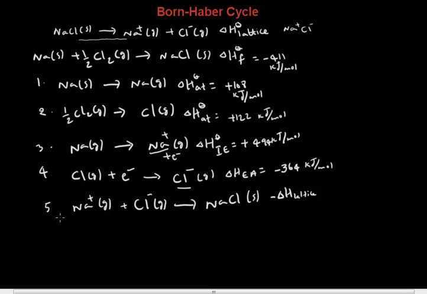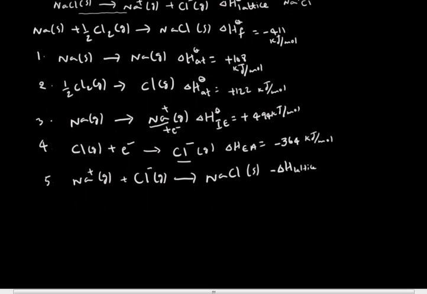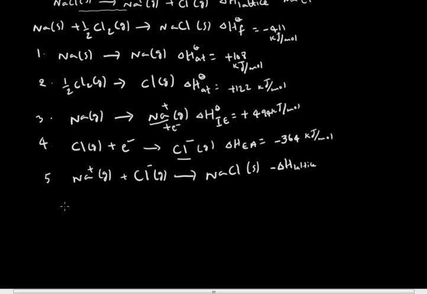So what I want to say here is our goal is to calculate delta HF first before we calculate lattice enthalpy. As I said, the standard enthalpy of formation is basically equal to the sum of all these enthalpy changes from steps 1 through 5.